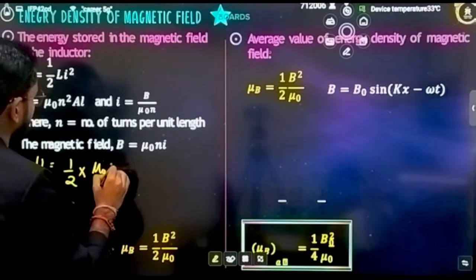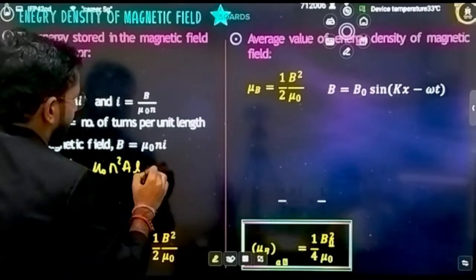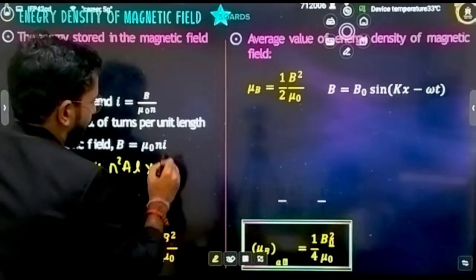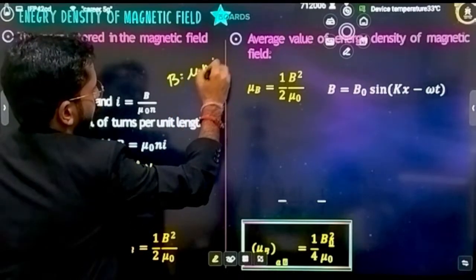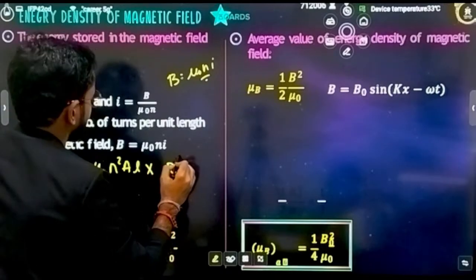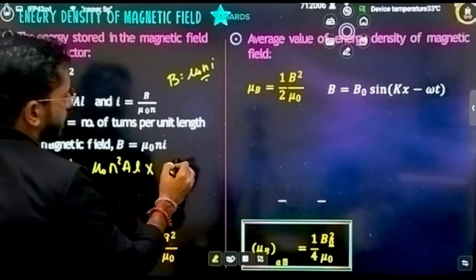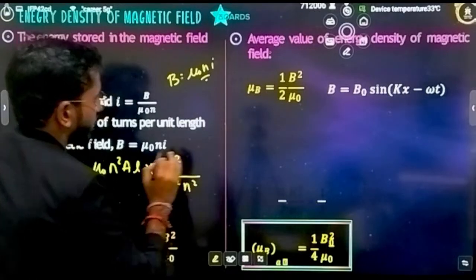You can write it as mu naught N square A into L. How you can write I square? Because you know the magnetic field in a solenoid is mu naught N I, so from there I will substitute the value of I, and I square will be written as B square divided by mu naught square N square.